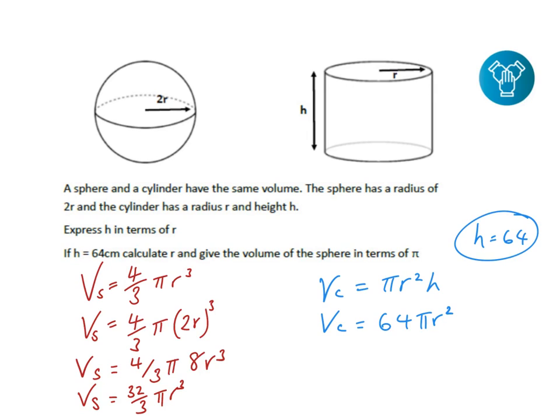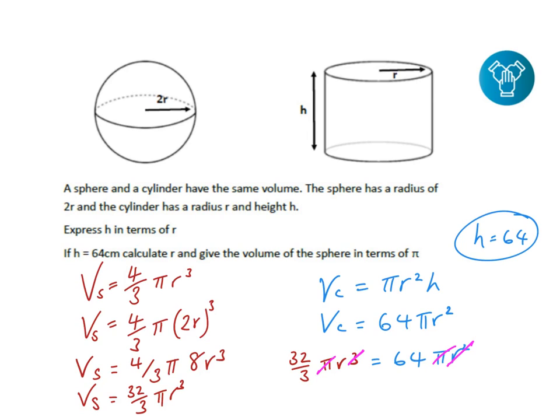We're then going to put the two equations together. And I can see I can cancel quite a lot out already. So I can cancel the pi out from both sides. I can cancel r squared from both sides, so that r squared and the cubed will go, leaving me with just r.